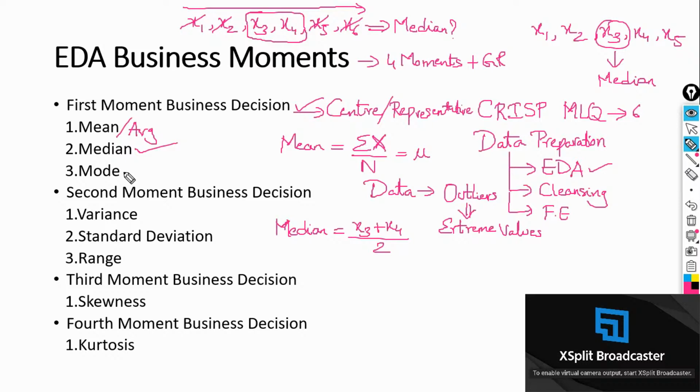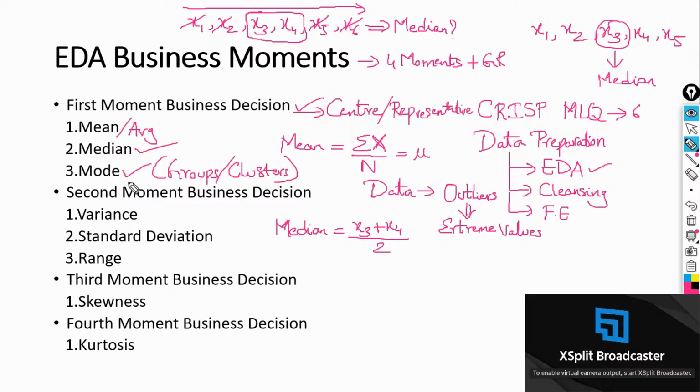What is mode? Good. How do we calculate the mode of data? It is the most frequently occurring observation, or the most repeated value. So what is the use of calculating mode? It talks about groups, nothing but clusters.